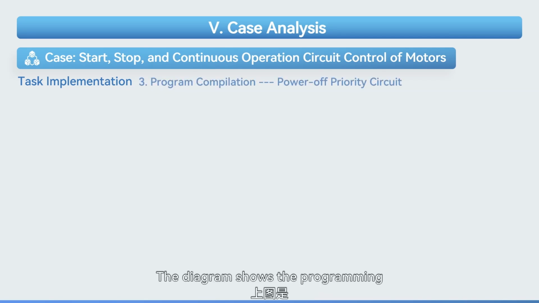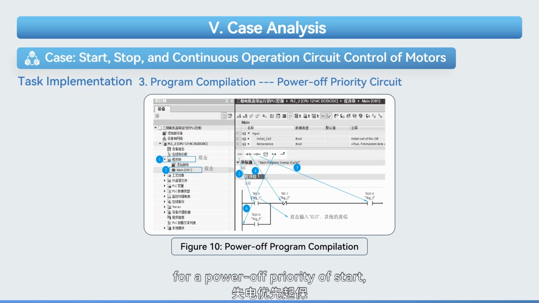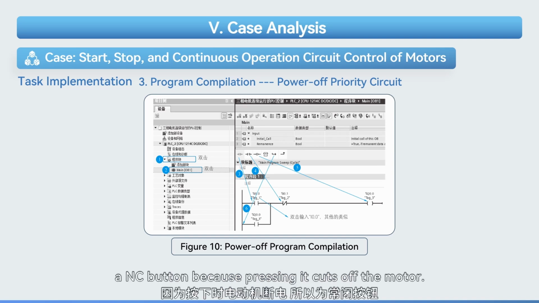The diagram shows the programming for a power-off priority start, stop, and continuous operation circuit. Here, I0.0 is the start button, which is an NO button because pressing it energizes the motor. I0.1 is the stop button, an NC button because pressing it cuts off the motor.